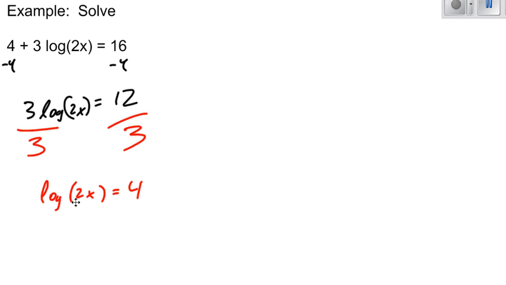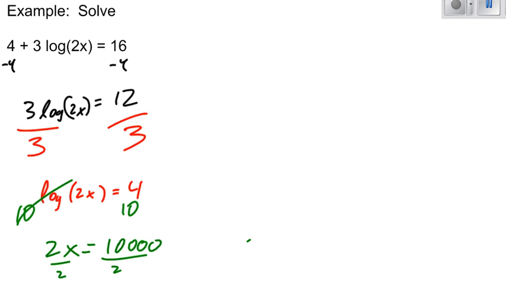Since they don't write the base, that means it's base 10, so make both sides be a power of 10. 2x equals 10 to the 4th. And finish it off by dividing by 2. That'll be 5,000. X equals 5,000.